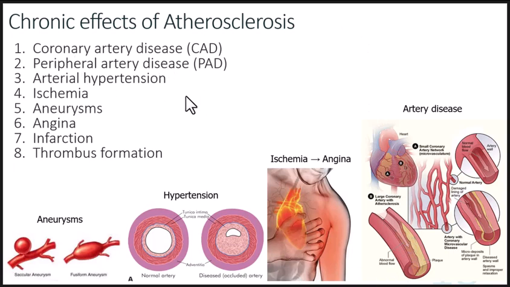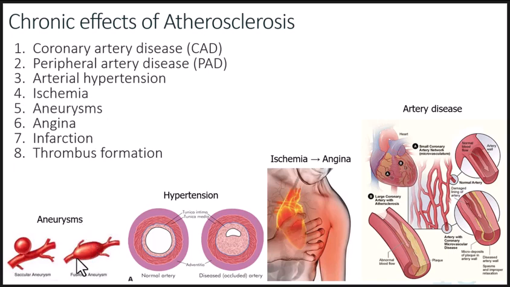Peripheral artery disease, so we're talking about any arteries in the periphery. Arterial hypertension, we'll talk about that later, is high blood pressure within the arteries. Ischemia, we know, is a reduction in blood flow through an artery. And less blood flow through an artery means that the cells distant to it that would normally be getting nice flow of blood are now getting less, and they can experience hypoxia, which is low oxygen.